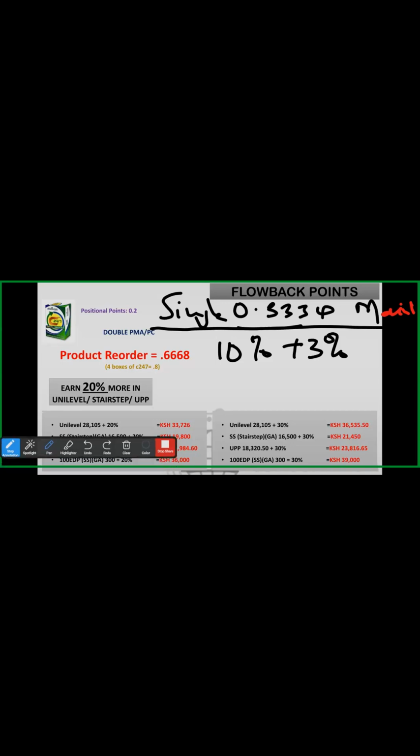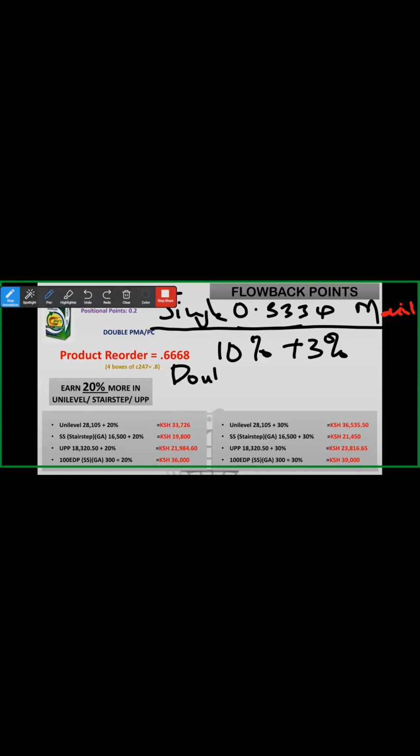Now, there are those guys who say, I want to double my income. If you do double PMA, kama single ni 0.334, then it means double is 0.6668 points. Hii inaitwa double maintenance or double PMA.